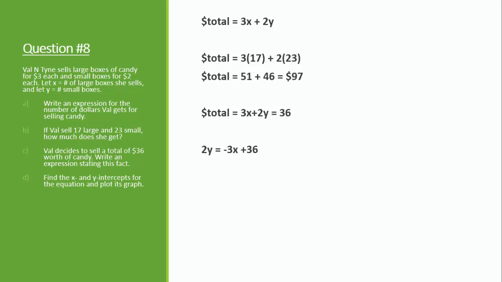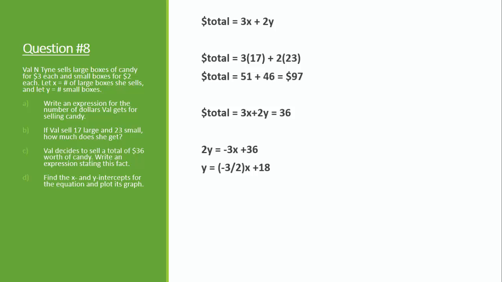I subtract 3x from both sides, and it becomes 2y equals negative 3x plus 36. Now I'm trying to get y all by itself, so I divide both sides by 2, and y is equal to negative 3 halves x plus 18. This is my slope-intercept format for my line.